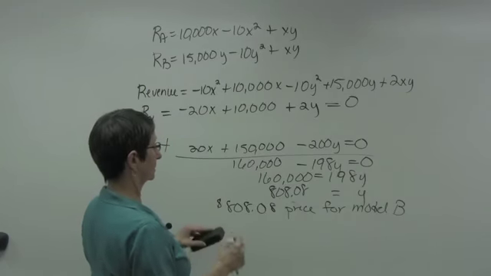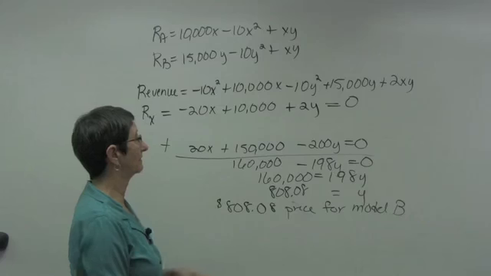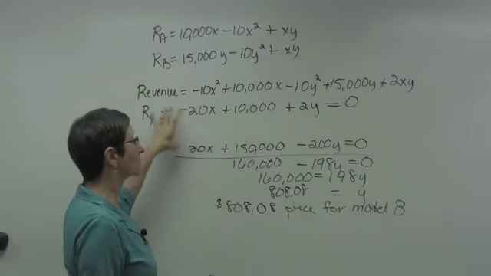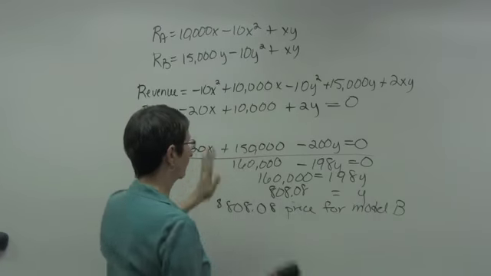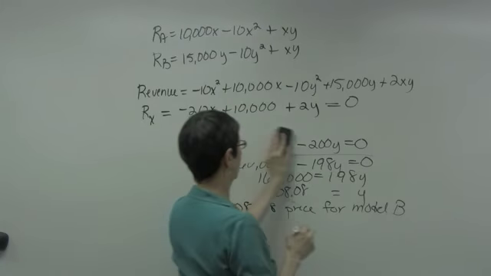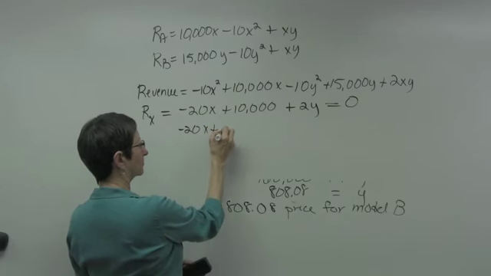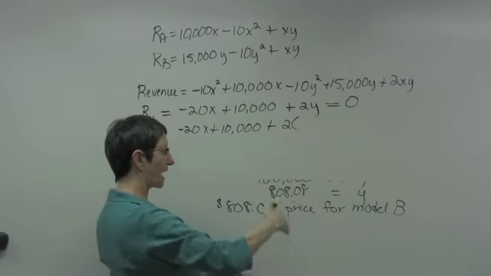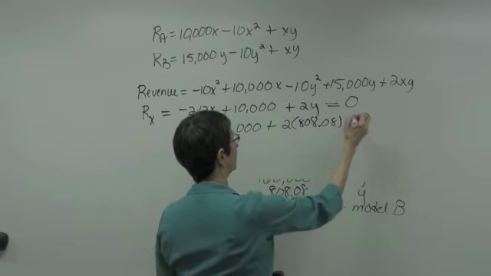Okay? So, how do I find X? Well, to find X, you have to put this number back in. Actually, either of the equations will work. I've got this one up here. If I put this in, negative 20X plus 10,000 plus 2 times Y, 808.08 equals 0.